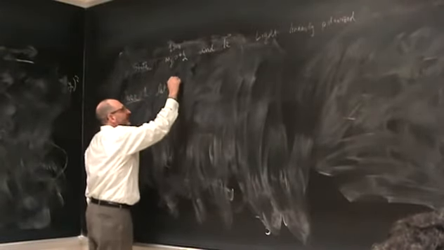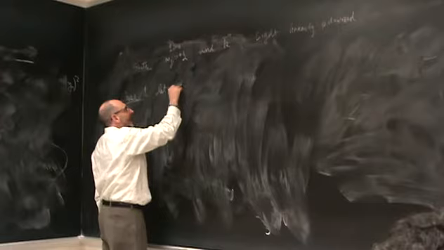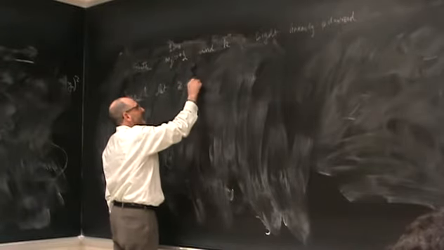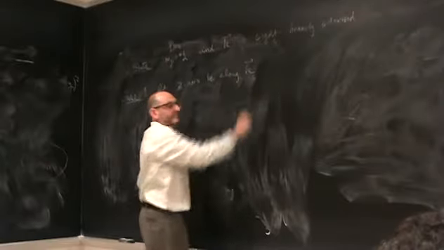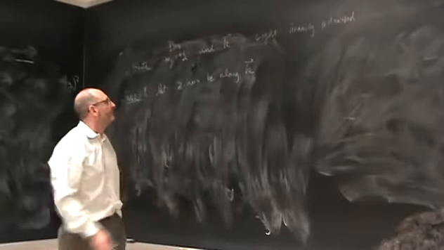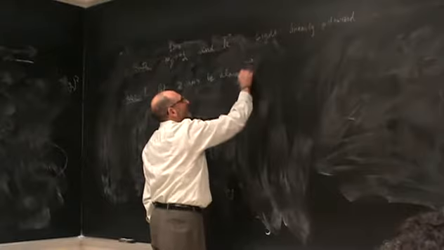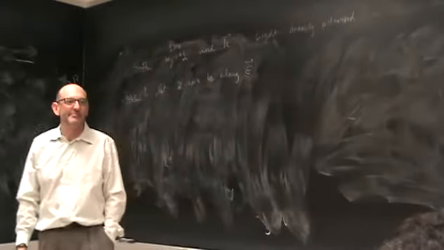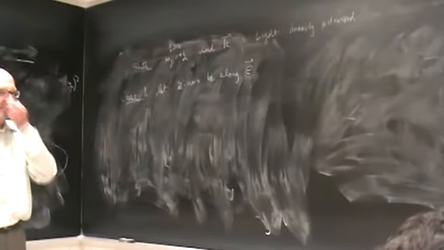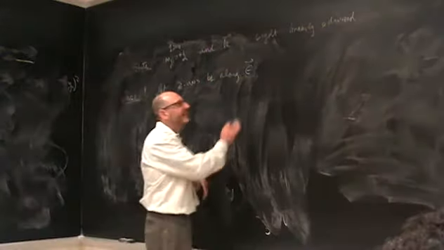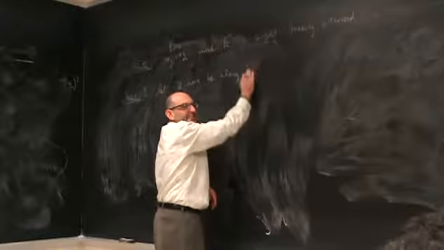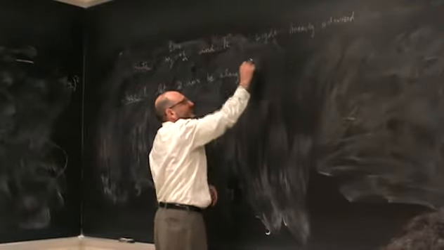Let the z-axis be along k. No, along epsilon. Okay? Now let's do the other one first. Let's do the other one first. Let's say it's along k.